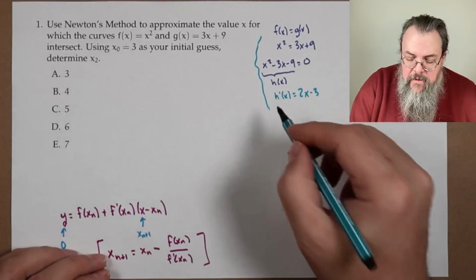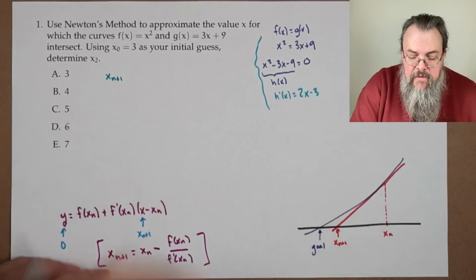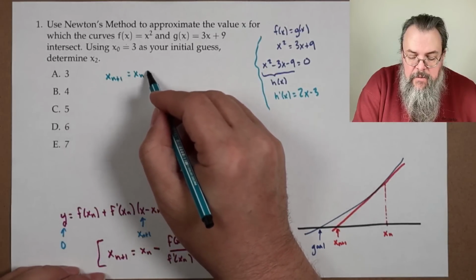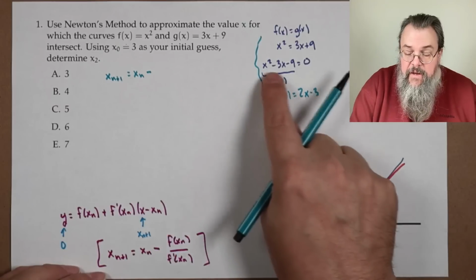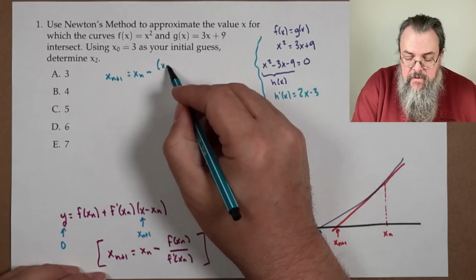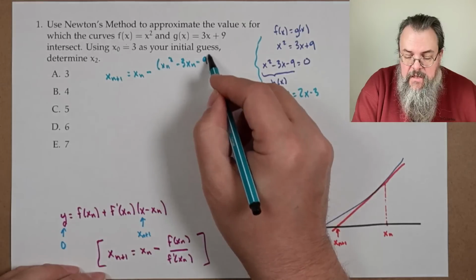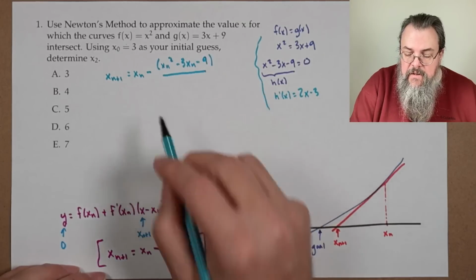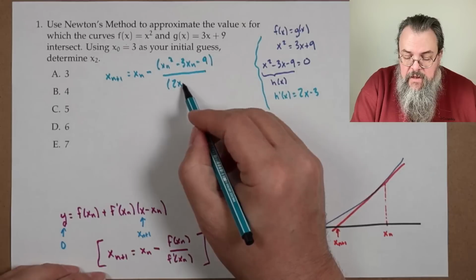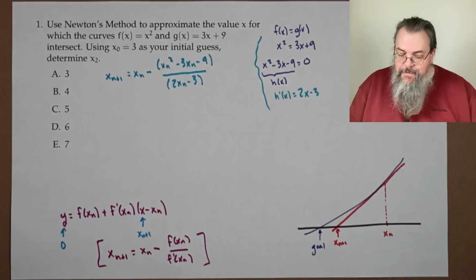All right, so our recursion says to find the next guess, we're going to take our current guess, xn, minus the value of the function, so that's xn squared minus 3xn minus 9, divided by the value of the derivative, 2xn minus 3.